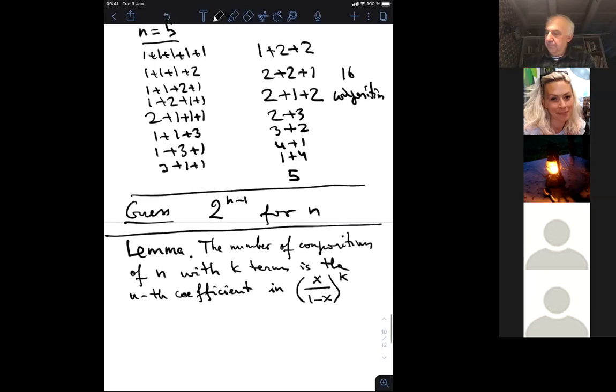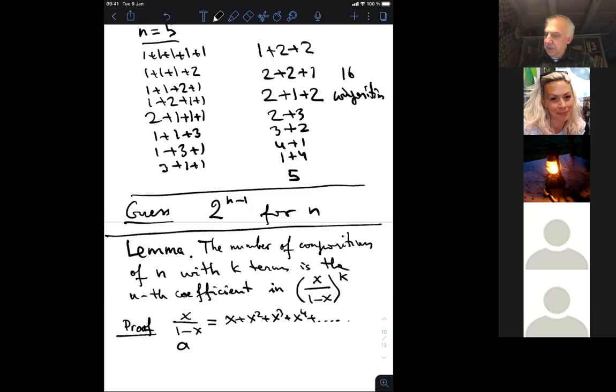Well, first of all, x divided by 1 minus x is the following power series. We're skipping 1. So it's x plus x squared plus x cubed plus x to the fourth, and so on.